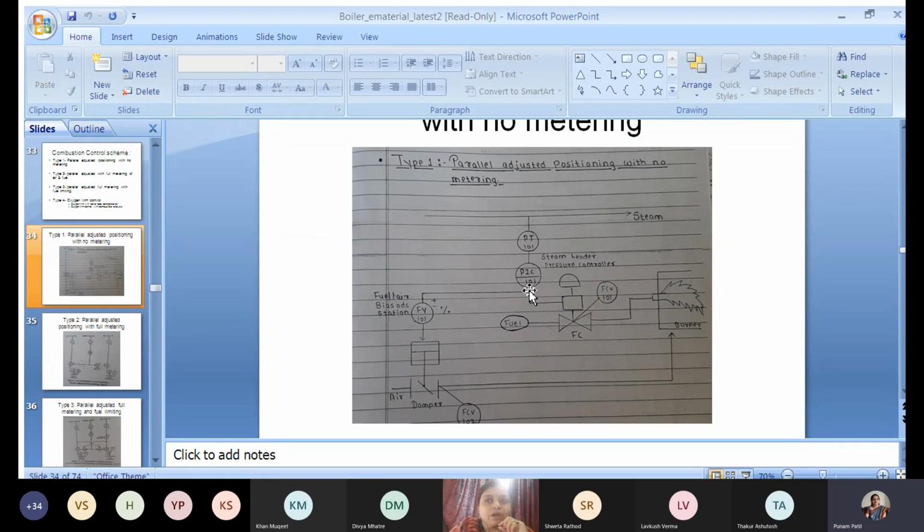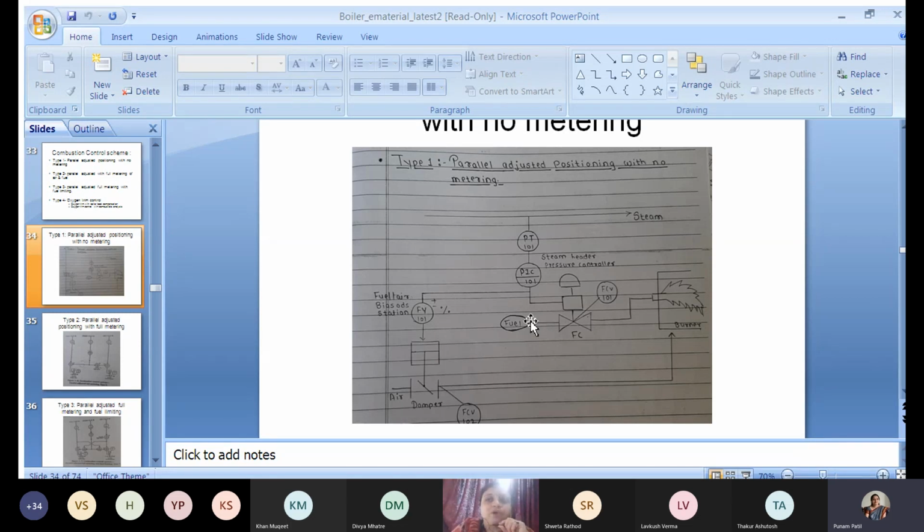So for the lower range, what should the air quantity be, or for the higher range, what should the air quantity be? That ratio is decided, and depending on that, positioning of the valve is done. So this calculator will decide, for the controller output, how much air is to be added to the furnace. So this is a ratio station which will adjust the fuel to air ratio.